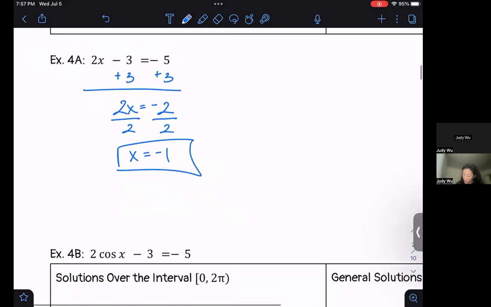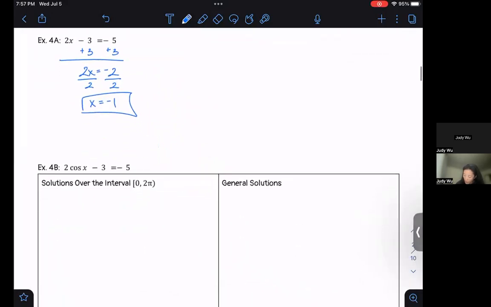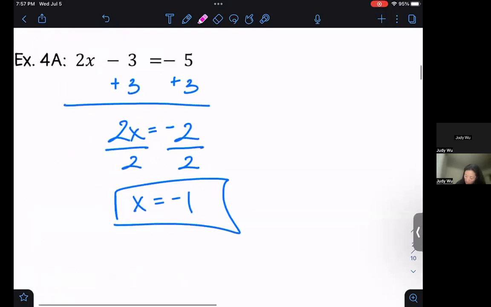Now, I'm going to zoom out a little bit and look at this. I've got 2x minus 3 equals negative 5, and then down here, I have 2 cosine x minus 3 equals negative 5.